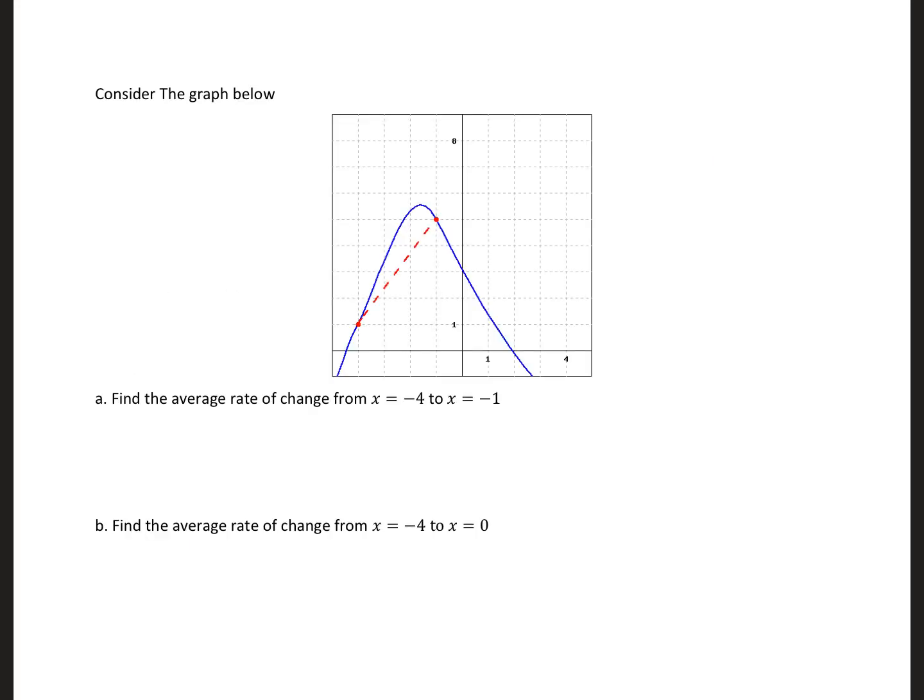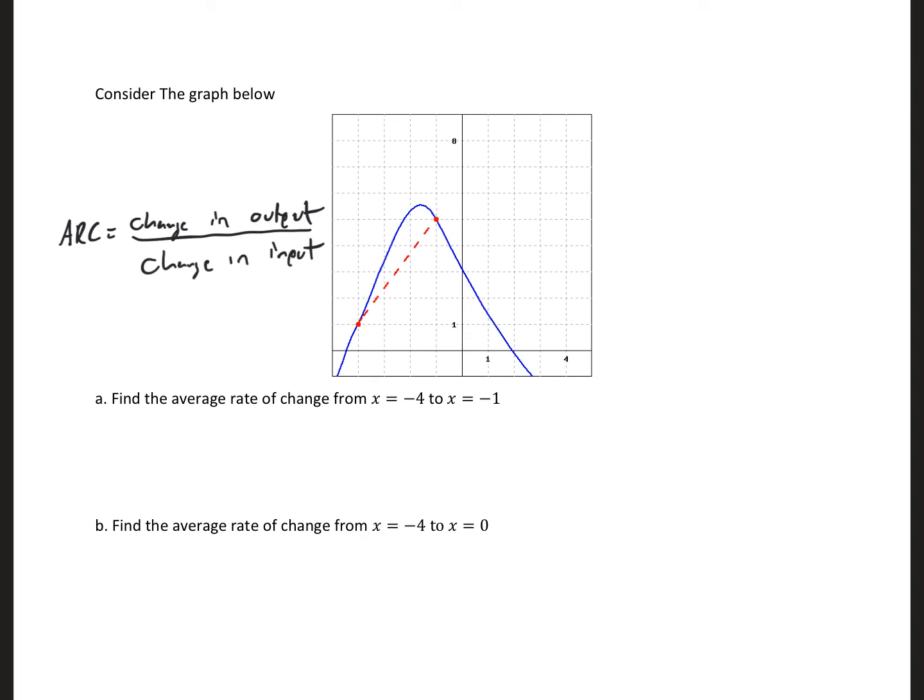We can also compute the average rate of change from a graph. And in this case, it's often helpful to think about the average rate of change as being the change in output over change in input. Okay, so we're given the input values.